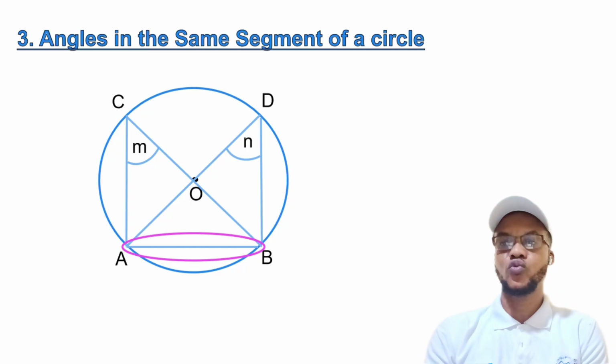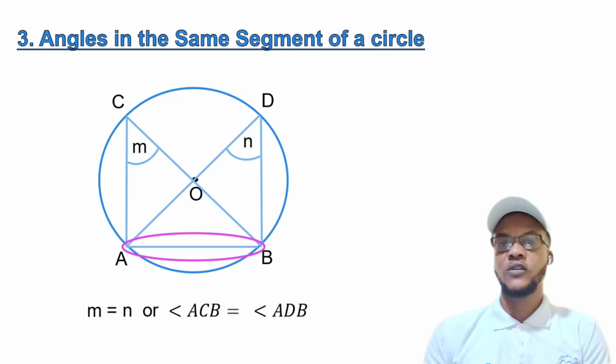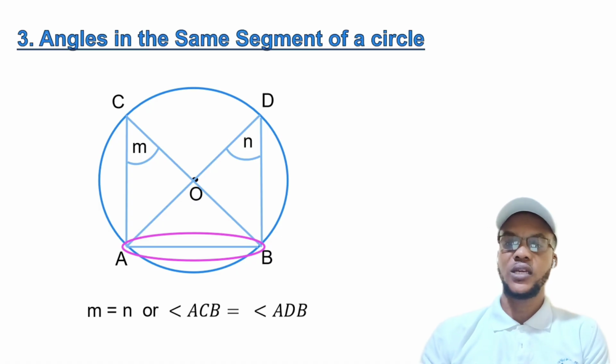Once you realize that these two angles have the same chord, and you can also see that these two angles are in the same segment, then we say that they are equal. So if you have M as 60 degrees, then automatically N is also 60 degrees. That is what we are trying to say. If that is the case, then M is equal to N, or angle ACB is equal to angle ADB.